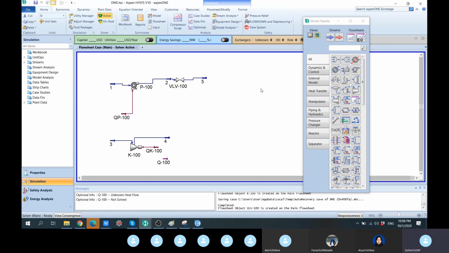I need to explain one thing I haven't said yet. The simulation that we have now is what we know as steady state simulation. What is coming in here has to come out there, so it's a mass balance.